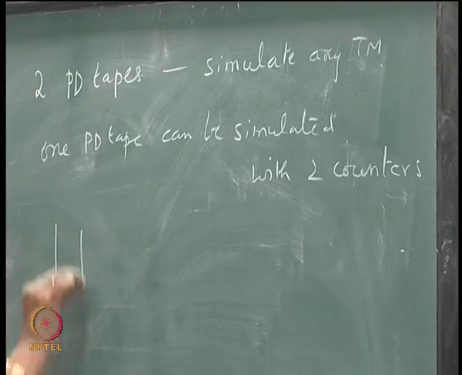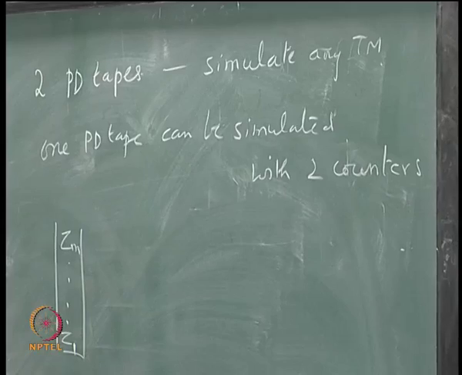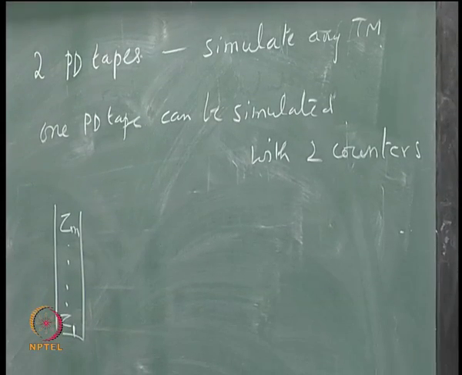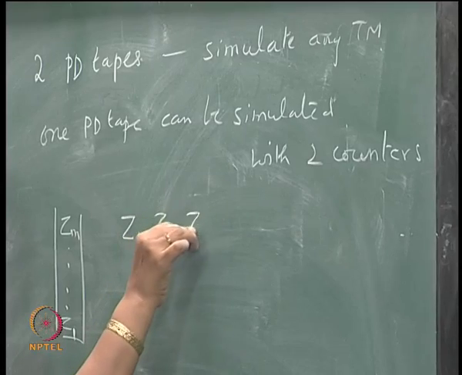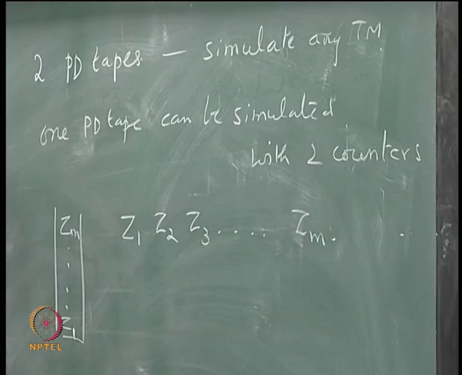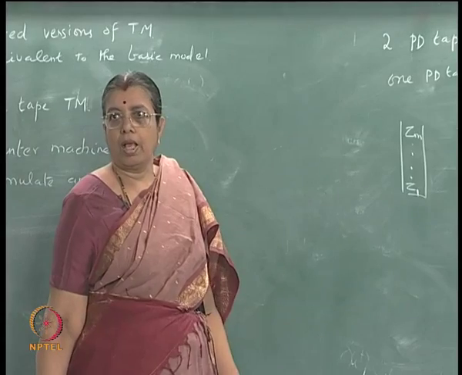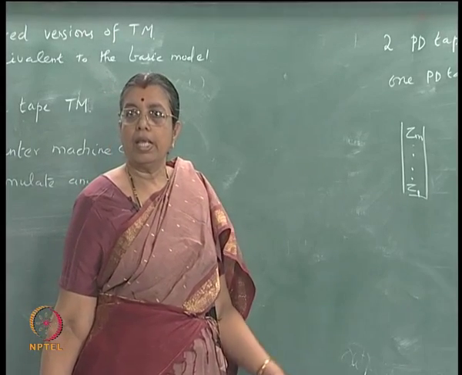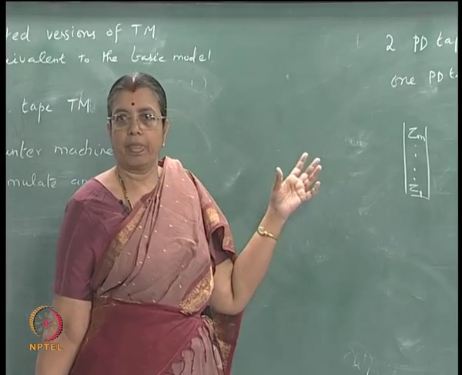The push down tape will have something like Z1, Z2, Z3, up to Zm. Write it as a string Z1, Z2, Z3, Zm. This is the content of the push down tape, right. These symbols come from an alphabet. Okay.